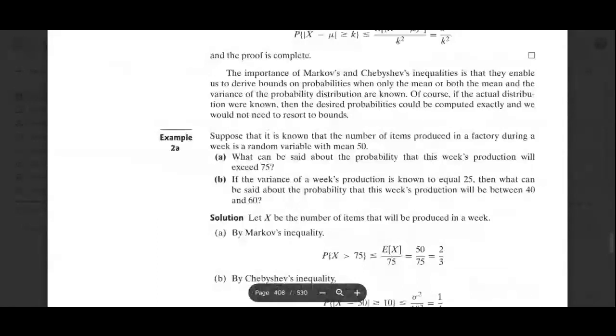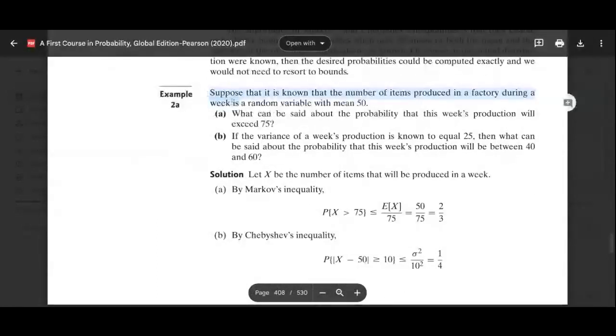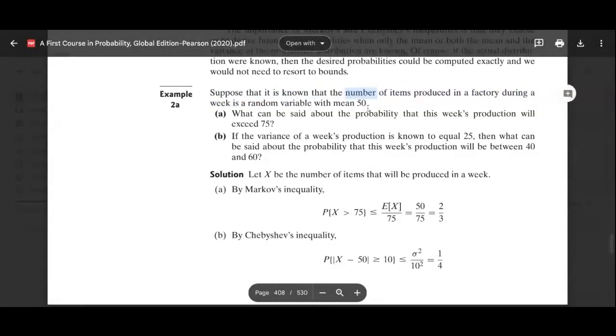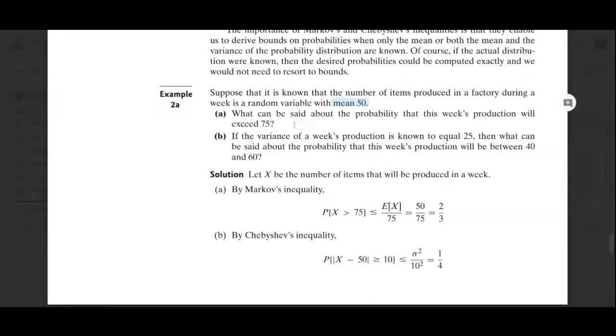Let's see examples of how we use it. Suppose it's known that the number of items produced in a factory during a week is a random variable with mean 50. In this case, the mean is given. A: what can be said about the probability that this week's production will exceed 75?